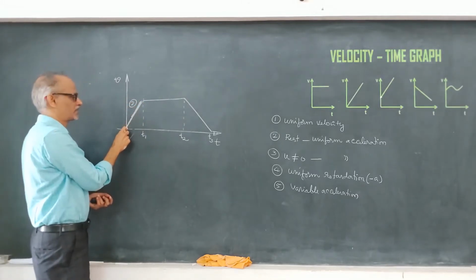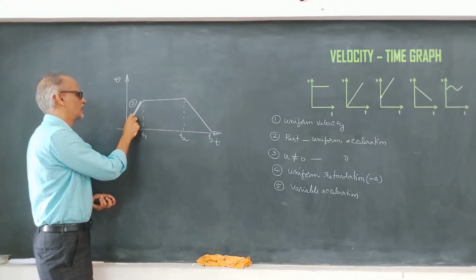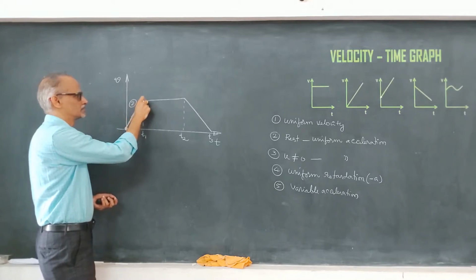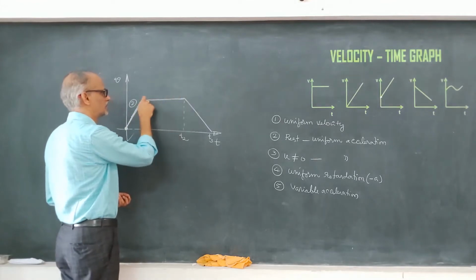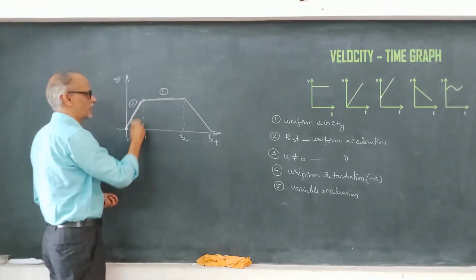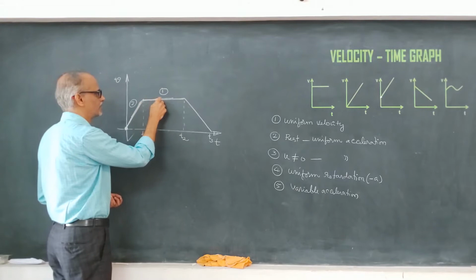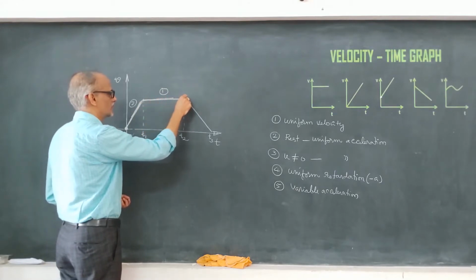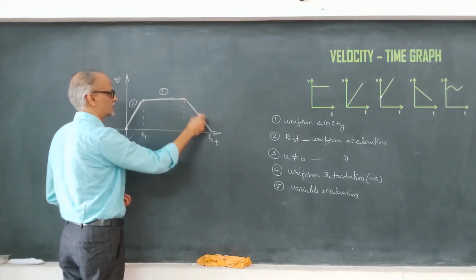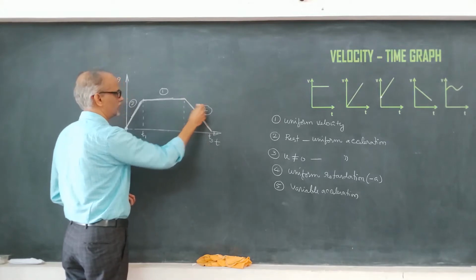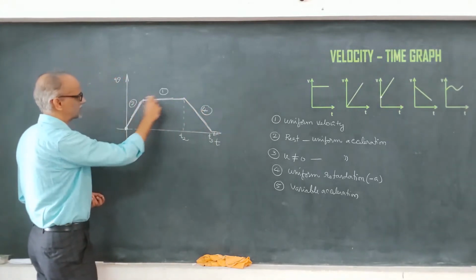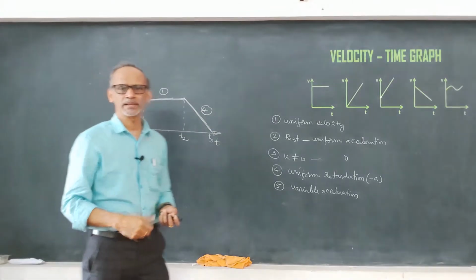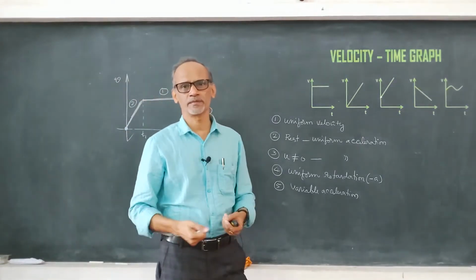The body starts from rest and then it has uniform acceleration. Now this portion is similar to the first one, that is, the body moves with uniform velocity. This portion is similar to the fourth graph, that is, the body has uniform retardation. So therefore, by looking at the graph, we can very easily understand the nature of motion of the body.